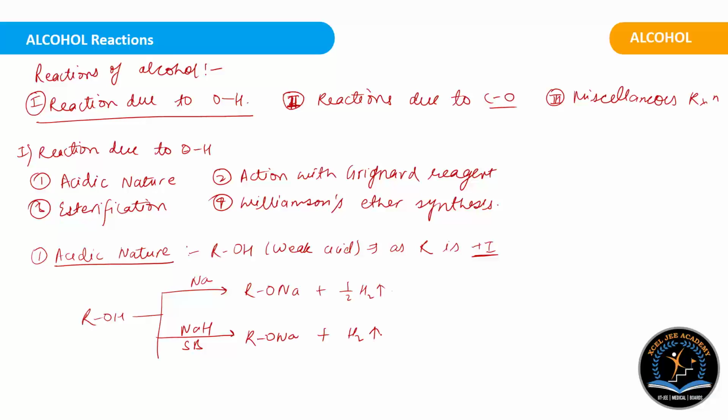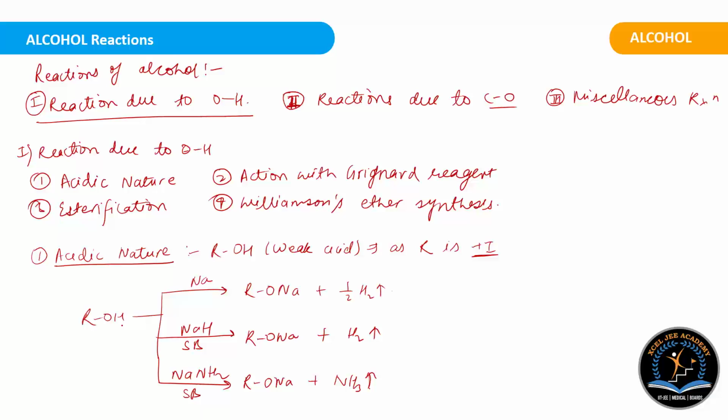And the next one is with NaNH2, that is also a strong base. In this reaction again the same thing, RONa, and in this case ammonia gas will be released, because this is NH2. NH2 will combine with this hydrogen, so ammonia will be released and RONa will be obtained. So these are the three reactions due to the acidic nature of alcohol.